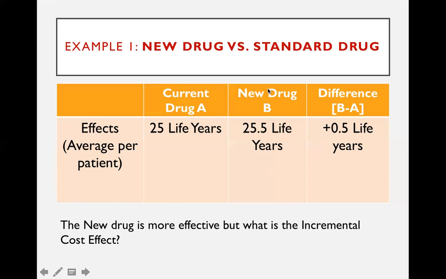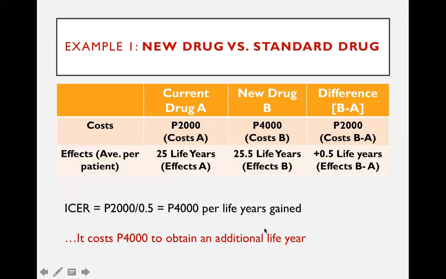So, we now know that the new drug is more effective. But what is the incremental cost effect? To answer that, you need to know the cost. Let's say you perform a cost of illness study on drug A and drug B, and you were able to get the costs. Drug A costs 2,000 pesos, while drug B costs 4,000 pesos.